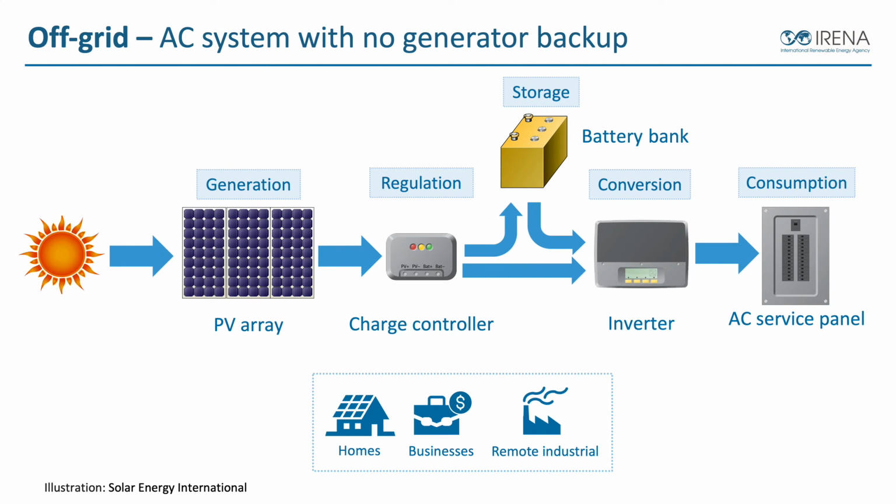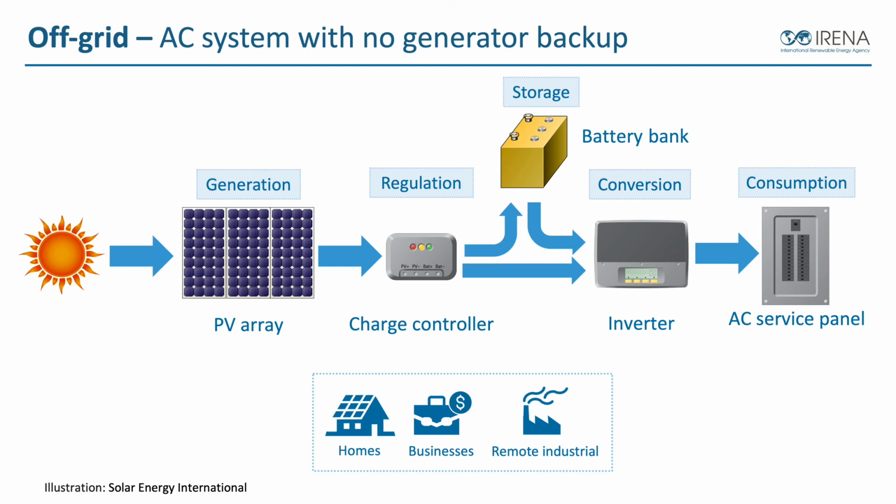Now, if we say, okay, we want to now run electrical loads with AC electrical consumption, then once we need AC electrical output or products, we're going to integrate an inverter into the system. So everything is the same as the previous systems. We generate DC electricity from our PV array.